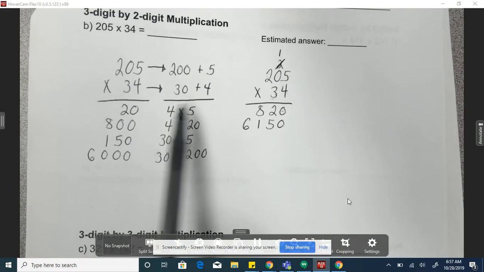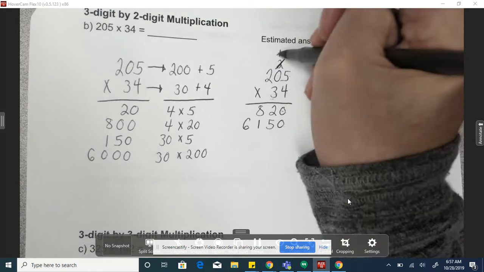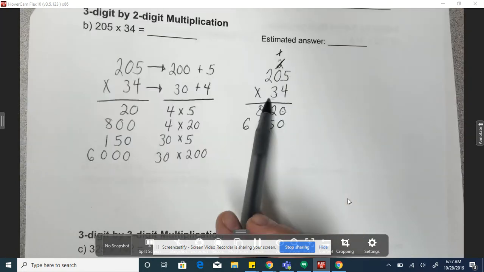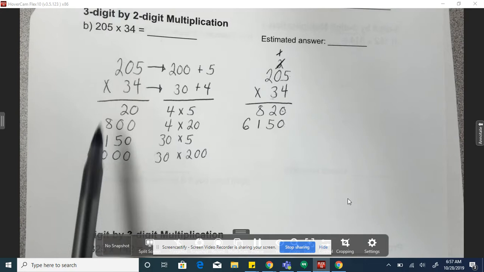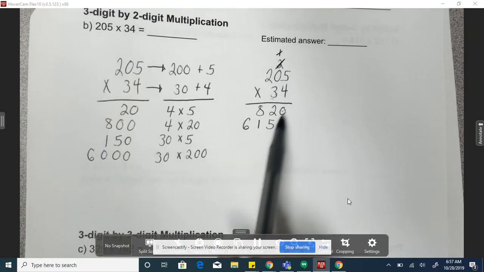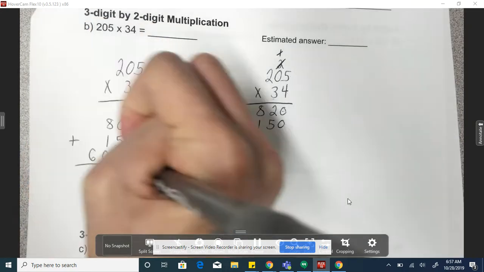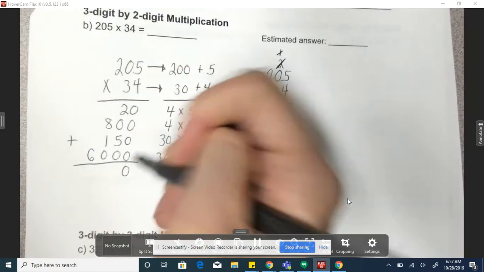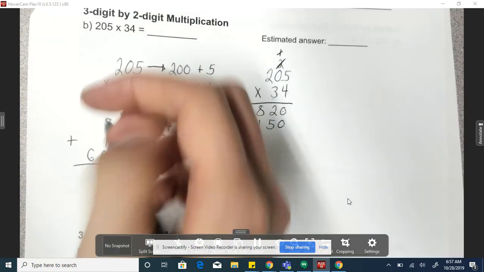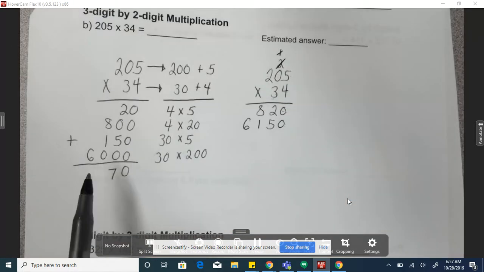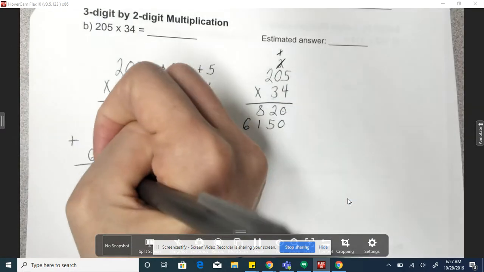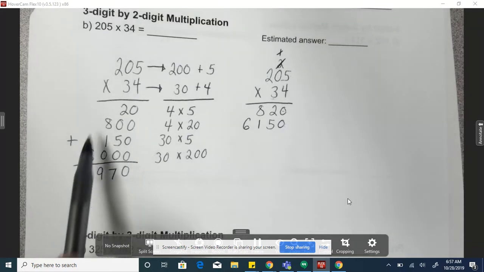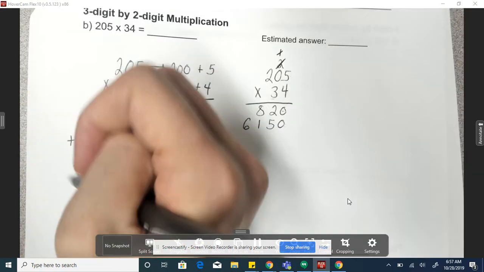Now that I've multiplied by each digit in my second factor, I'm going to cross the one out, and add what I got up. So I'm going to add over here first. Add up all the ones place, you get 0. 2 tens plus 5 tens is 7 tens. 8 hundreds plus 100 is 9 hundreds. 6 thousands plus no other thousands is 6,000.